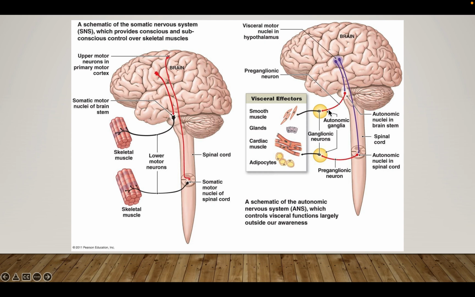We'll talk in a later lecture about sympathetic and parasympathetic neurons. These have a very specific structure and layout to them. We'll see different links in nerves, and it will be a two neuron pathway for our autonomic nervous system.